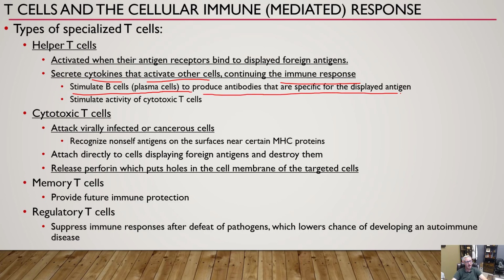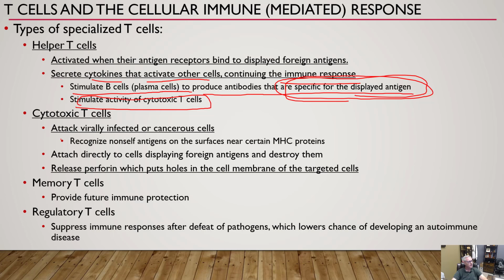Remember, we have that antigen-antibody complex or that antigen-antibody reaction, like agglutination would be one for red blood cells, like a transfusion reaction. And when we have a specific reaction, it's going to be specific for that specific antigen. And then helper T cells also stimulate the activity of cytotoxic T cells.